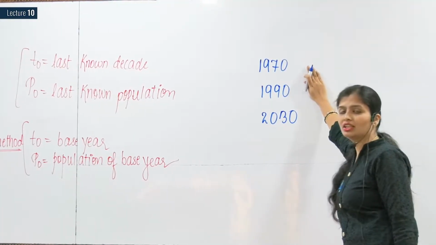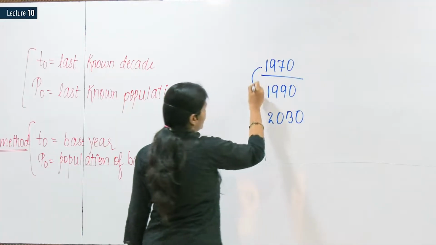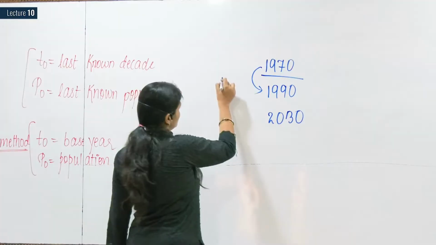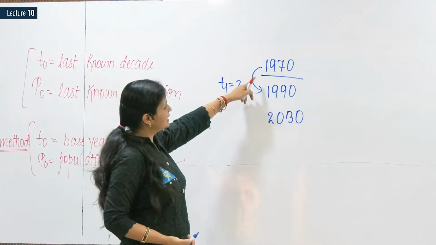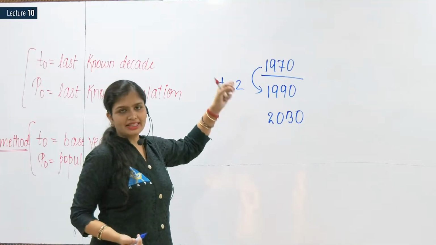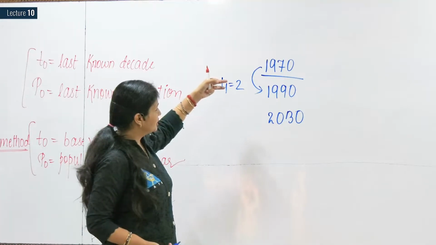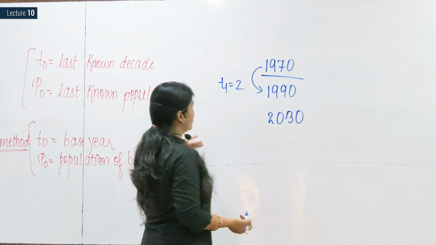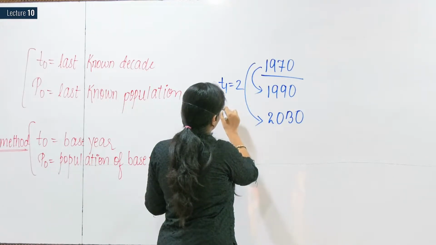What is the gap between 1970 and 1990? 2 decades. So T1 is 2 decades. What is the gap from 1970 to 2030? 1970 to 1980, 1990, sorry, 80, 90, 2000, 2010, 2020, 2030. That is 6 decades.